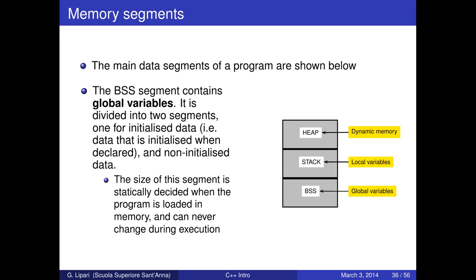Internally, this is usually divided in 2 parts: one for initialized data, so data that is initialized when it's declared, and one for non-initialized data. The size of this segment is statically decided by the compiler, it is created when the program is loaded in memory and will never change during execution. So the size of this segment is fixed.